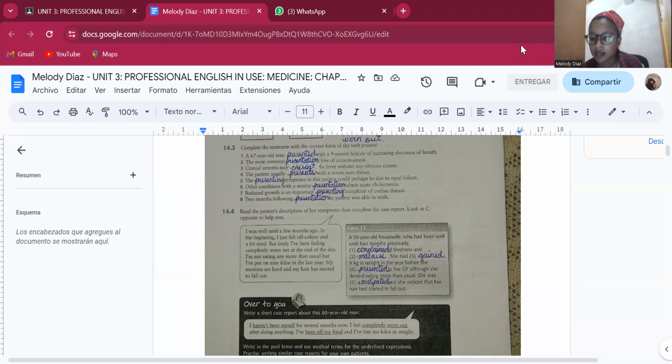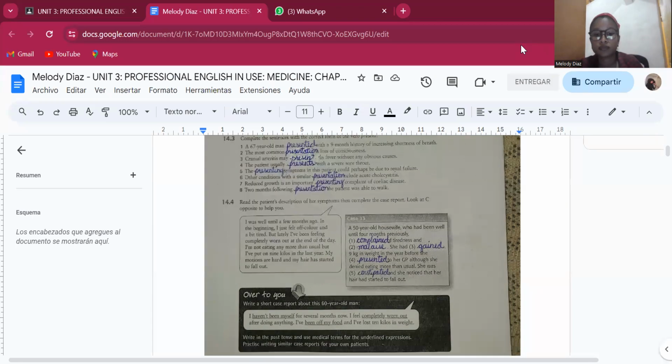She had gained 9 kilos in weight in the year before. She presented to her GP, although she denied eating more than usual. She was constipated and she noticed that her hair had started to fall out.